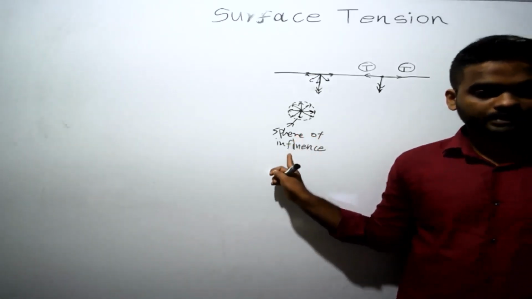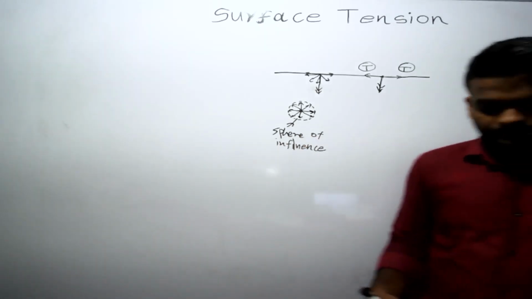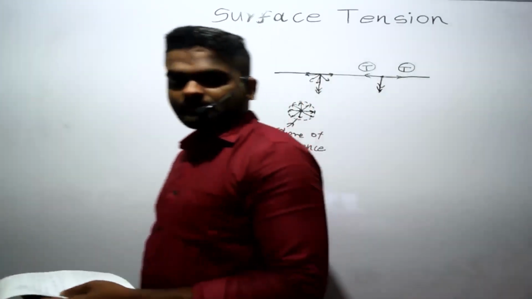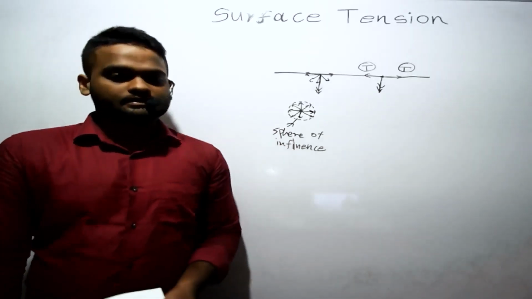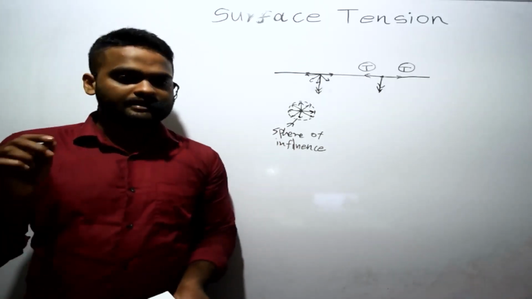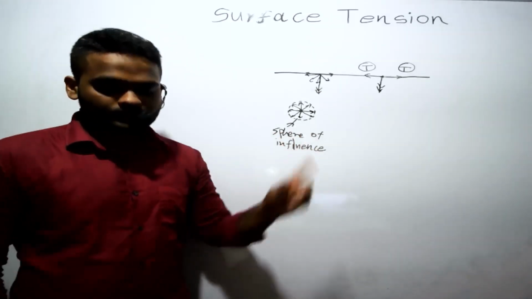This word is important, right? Sphere of influence. In Sinhala we call that Kadaim Golaya, right? This is a sphere of influence.